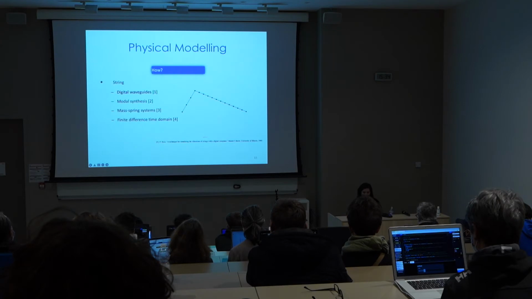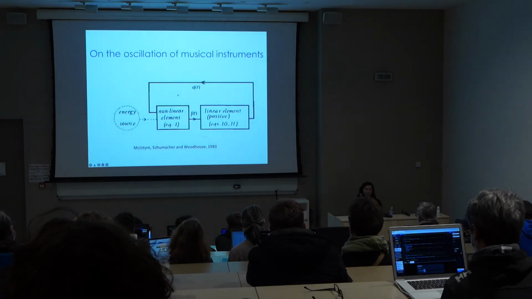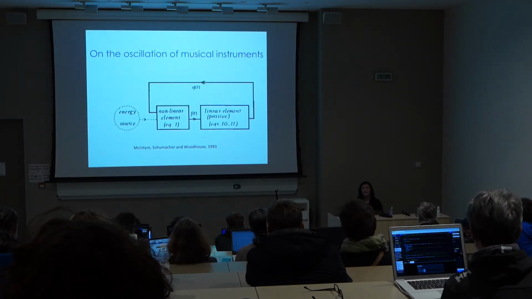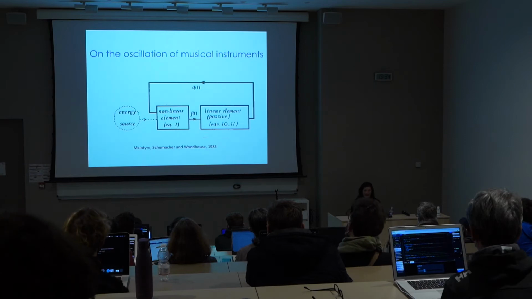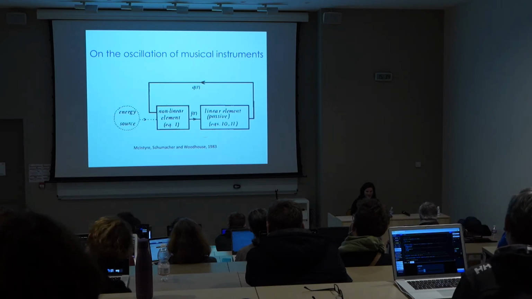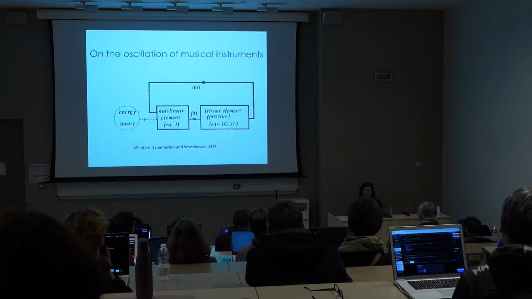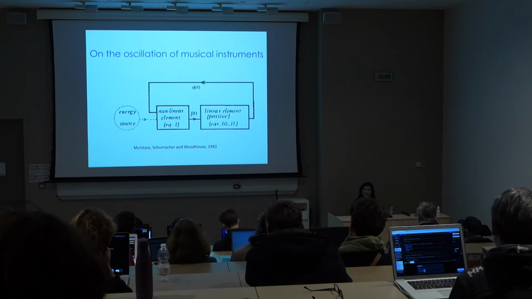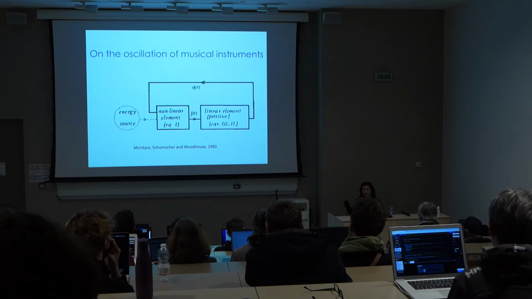Something that you should think about is, remember this morning we were talking about the exciter resonator approach. So you can consider every system as an exciter connected to a resonator. This is also shown in this paper by McIntyre, Schumacher, and Woodhouse, that already in the 80s they saw that if you look at the string, you can consider it, as we said before, as a one-dimensional system.